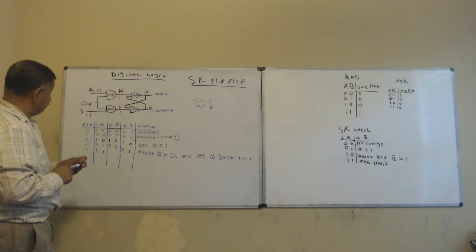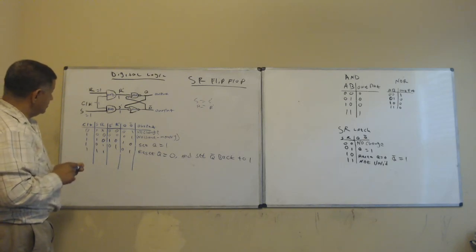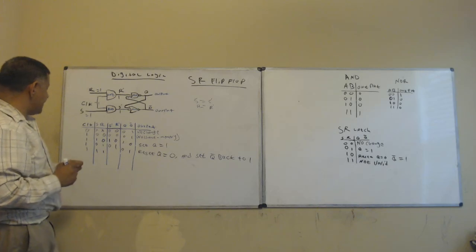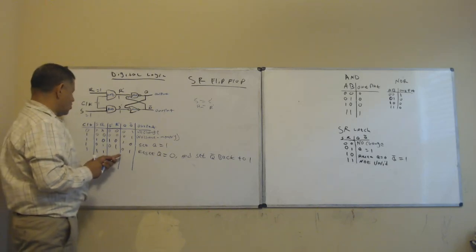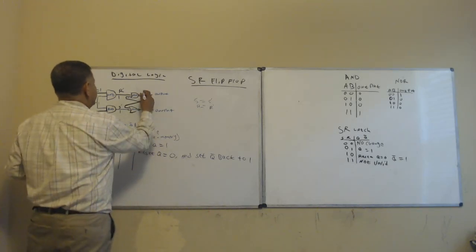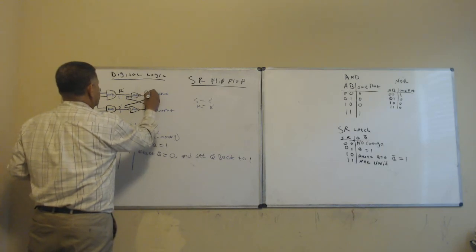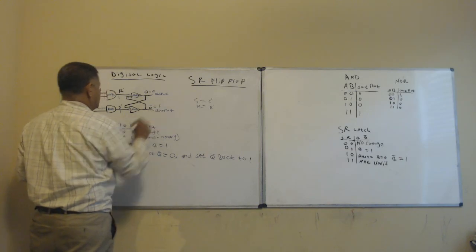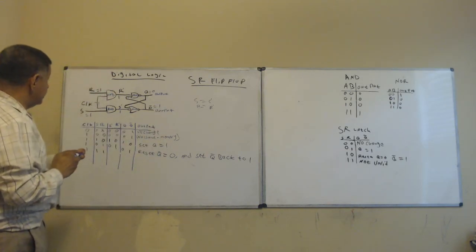Okay? Now, previously, we had a Q naught was 0, right? I know Q was 0 and Q naught was 1. Think about that.